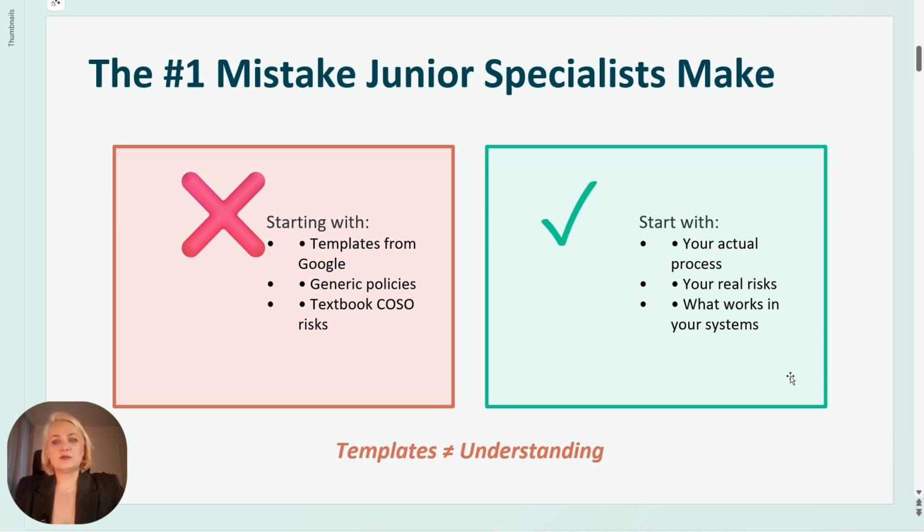This is conceptually wrong, because the templates, AI, generic policies, textbooks, COSO frameworks, etc., can enrich and will enrich your design and your work, but you need to start from the real processes, real controls.